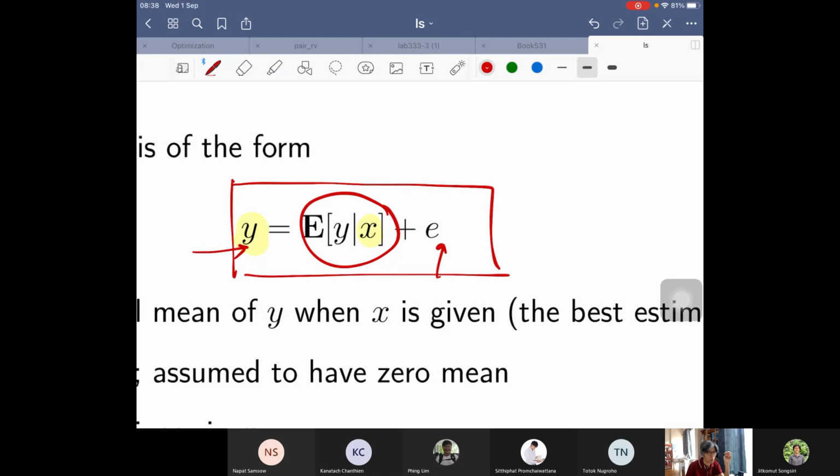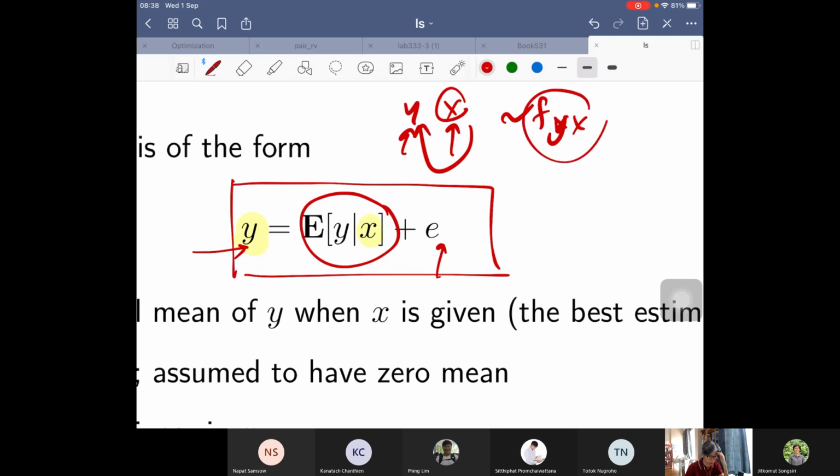Recall that when we have the assumption that your y is the output, your x is the input, and your input helps explain the response, that is the same as believing that your y and x are some random variables that have a joint distribution.